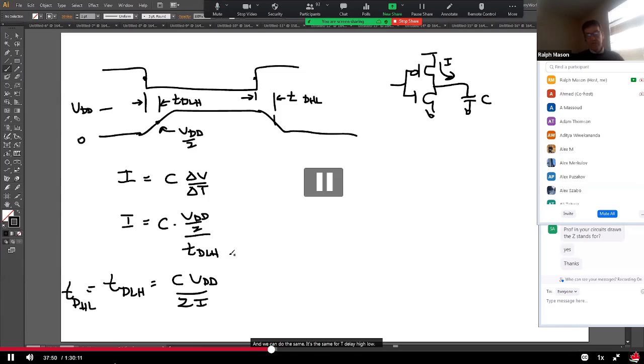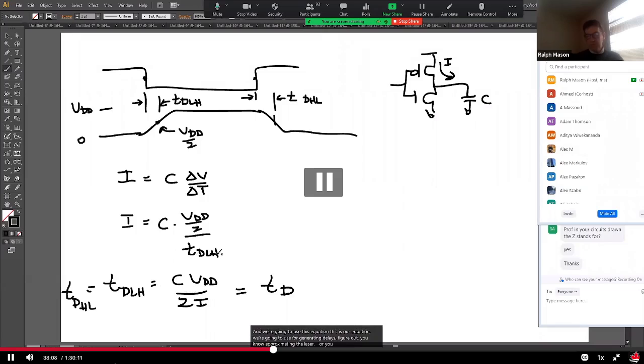We'll just call that T delay, which is equal to the capacitance times the supply voltage over 2 times the current. This is the equation we're going to use for approximating delays in circuits.